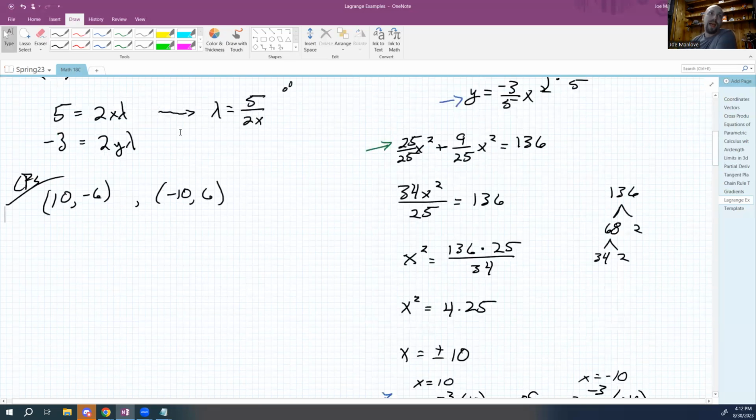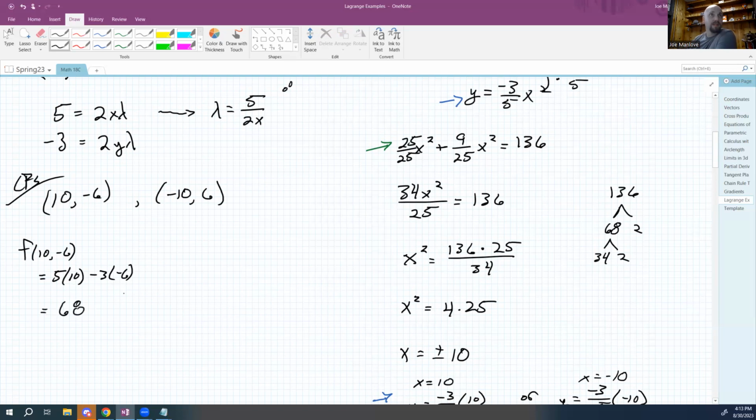So I just need to do f at those points. So f at 10, negative 6 is 5 times 10 minus 3 times negative 6. Okay, that's 50, that's like 68. And f at negative 10 comma 6 is 5 times negative 10 minus 3 times positive 6.